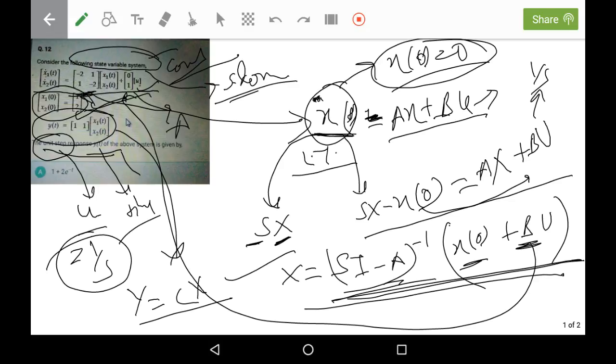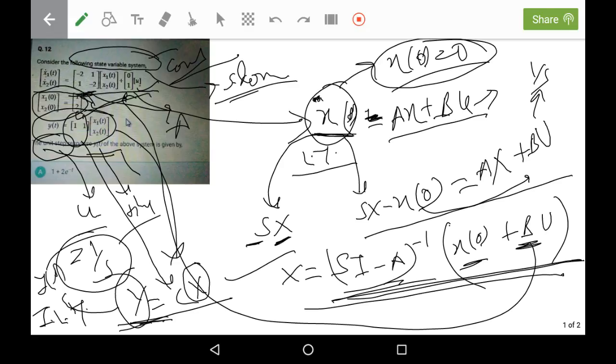X we determine by putting it here, and by putting C, we can easily get the final result in the S domain. Once we get the result in the S domain, we take the inverse Laplace transform to get y(t). So let's solve this problem step by step in the next slide.